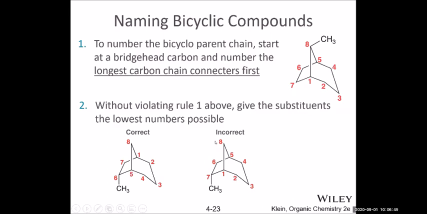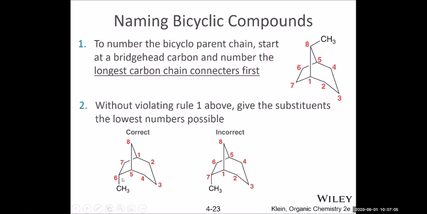Remember, consecutive numbering. 1 is the bridgehead, 5 is the bridgehead. So 2, 3, 4 is 1 arm, 7, 8 is the second longest arm, and 1 carbon in the last, third arm.